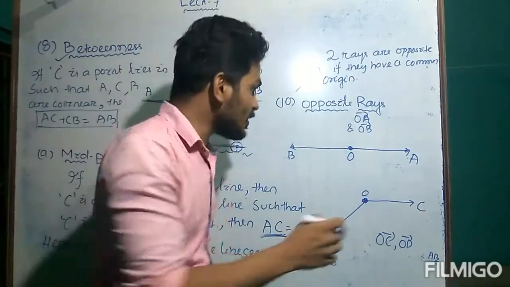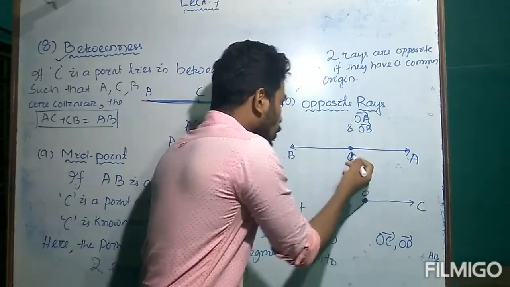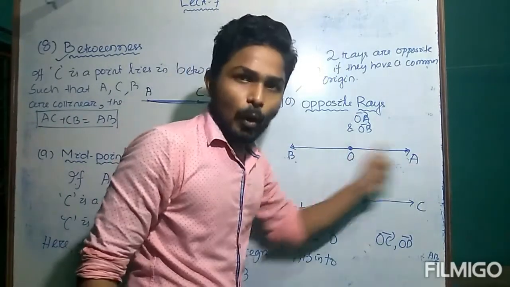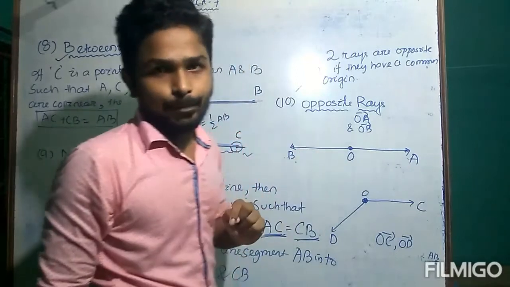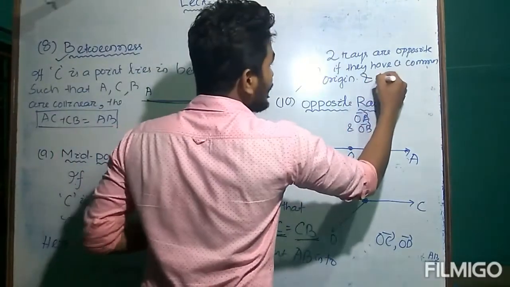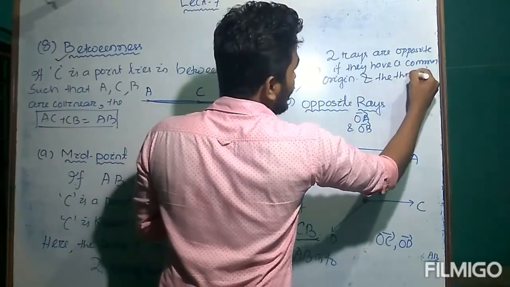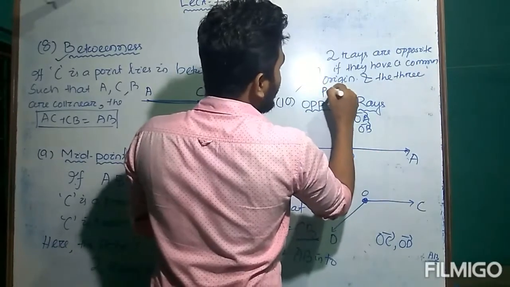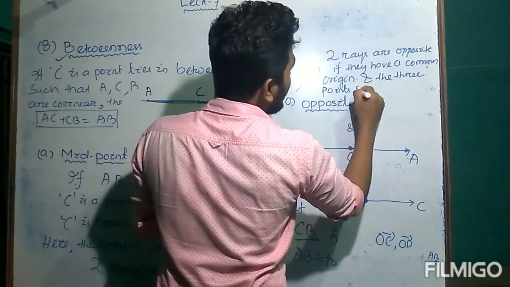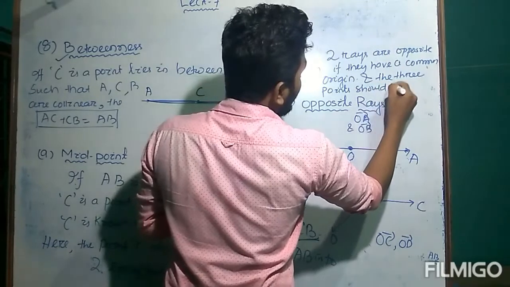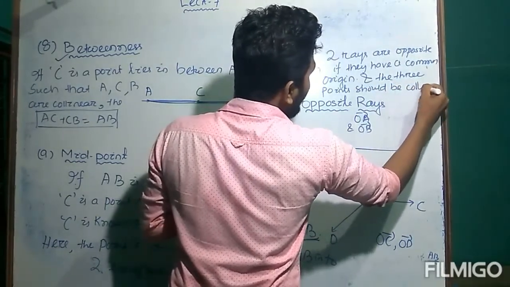What is the condition? The condition is A, O, B points should be collinear. Okay, and the 3 points should be collinear. Collinear means what?